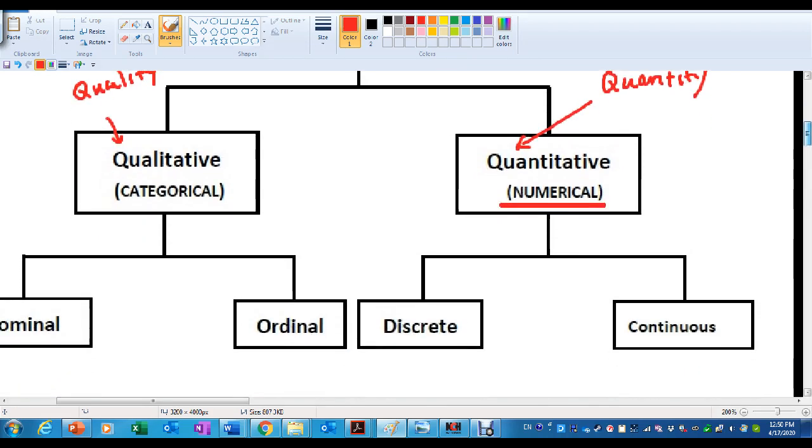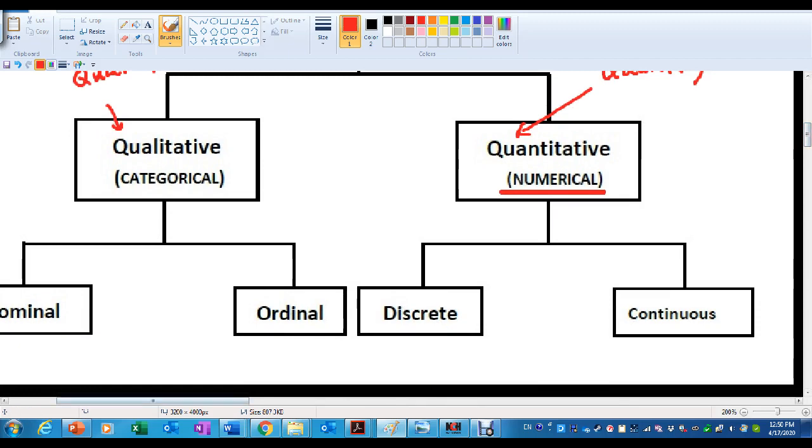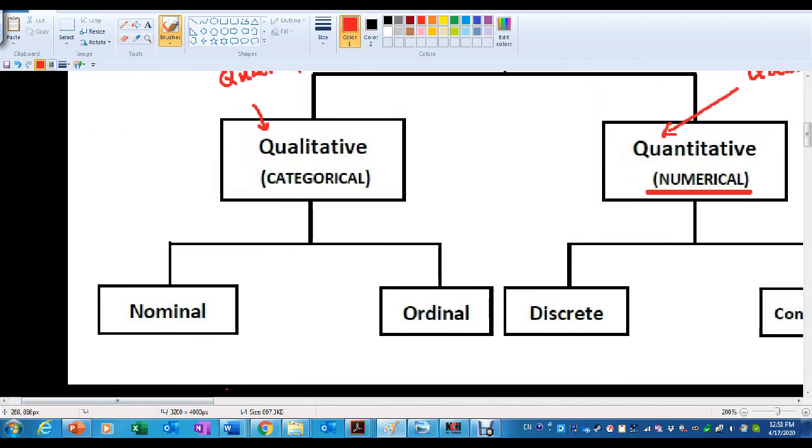Under qualitative data, you can further divide this into two major types. One is nominal, the other is ordinal. Nominal comes from the word name, so it's the names of something or the types of something. Ordinal comes from the word order.